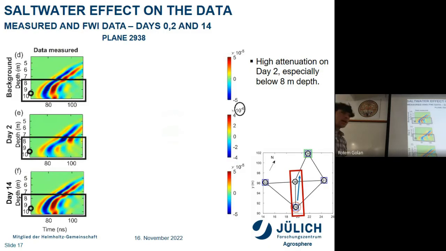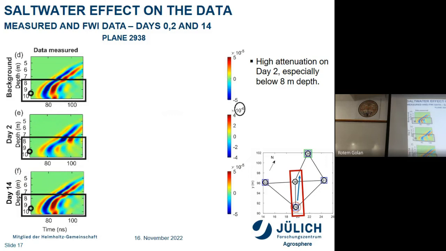Now let's look at the experimental data, not related to the full waveform inversion, just the GPR. Here we look at the background. These are waveforms when the antenna was at this depth. This is on day 2 and on day 14.